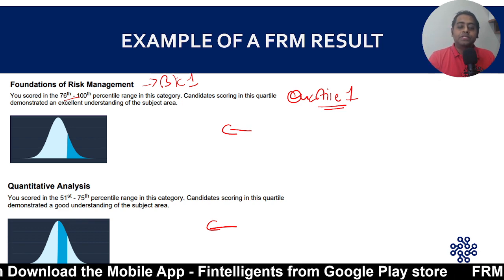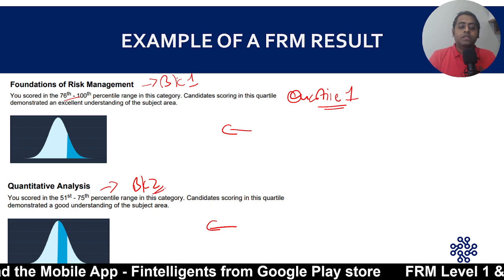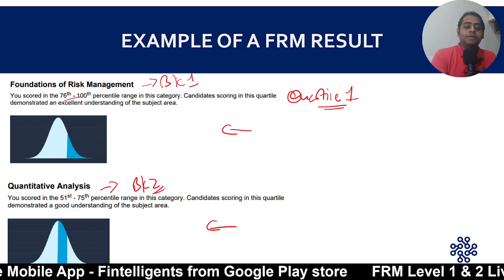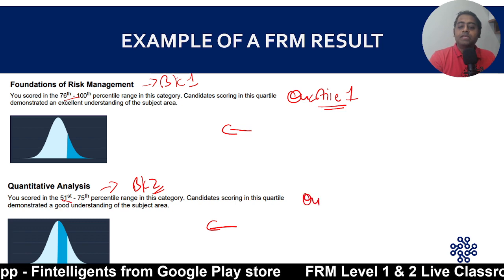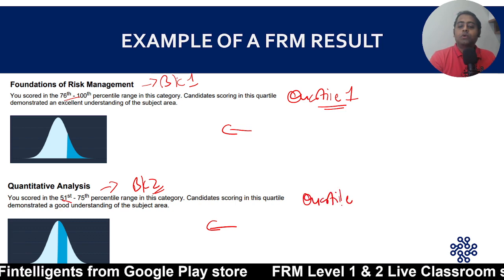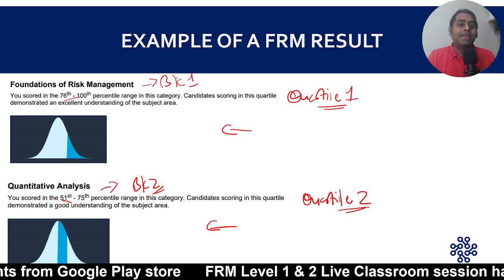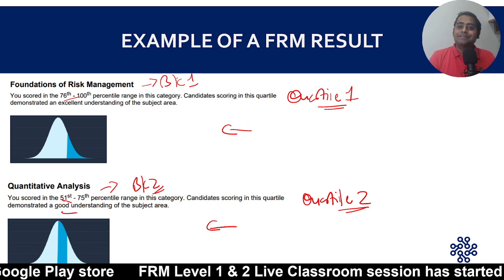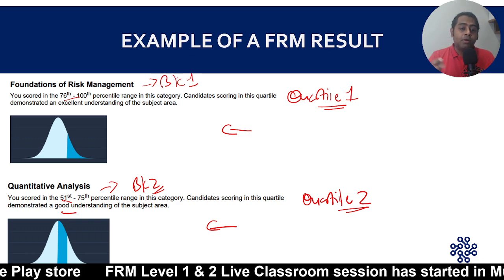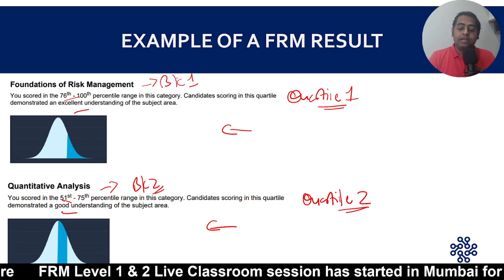The second book, which is quantitative analysis. In this book my student got the percentile between 51 to 75. So primarily he got the second quartile. I'll explain what quartile 1 and 2 mean. And he has a very good understanding of that book. The first quartile means excellent understanding.